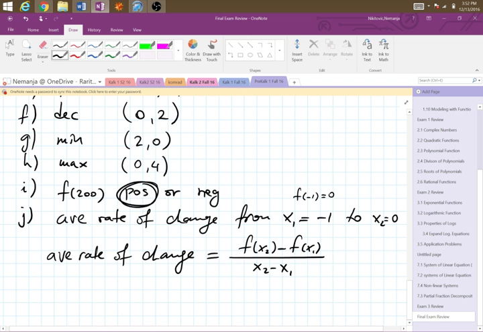It's the intercept. And f of 0 is 4. So we just say it's 4 minus 0 divided by 0 minus -1, and the whole thing is 4. The change is 4.